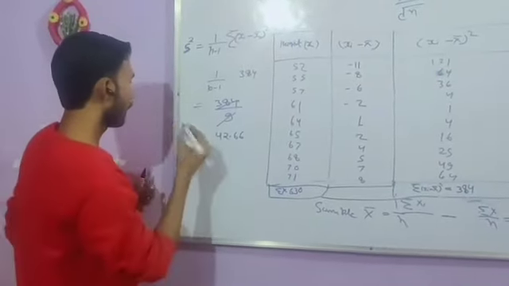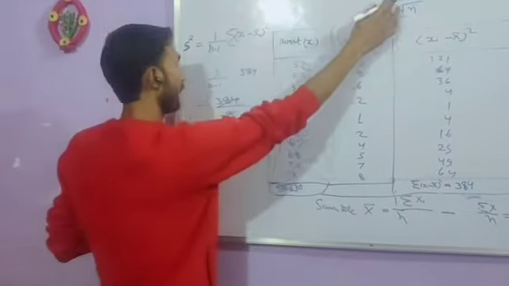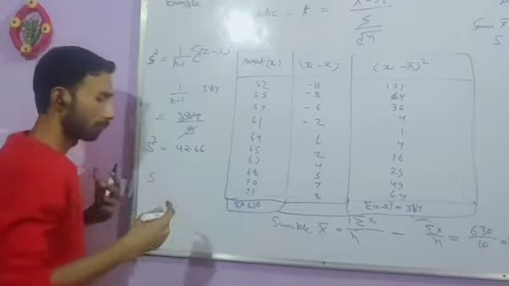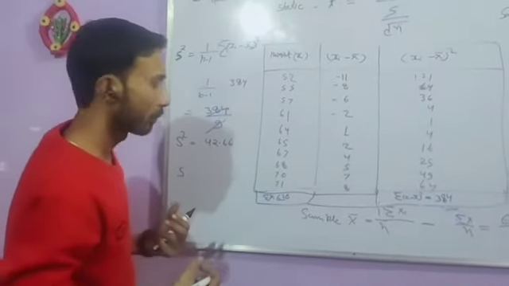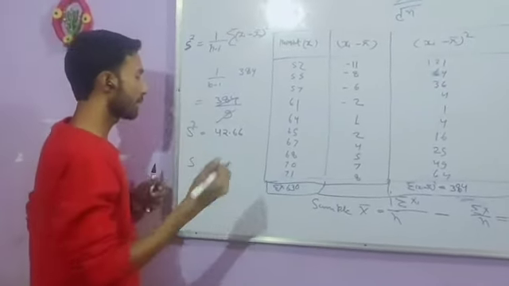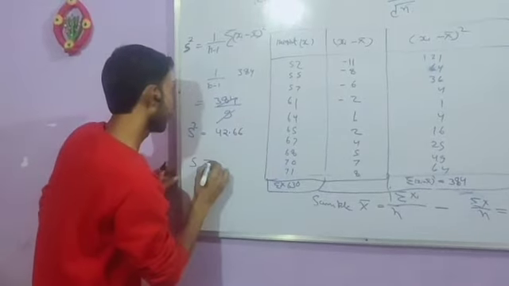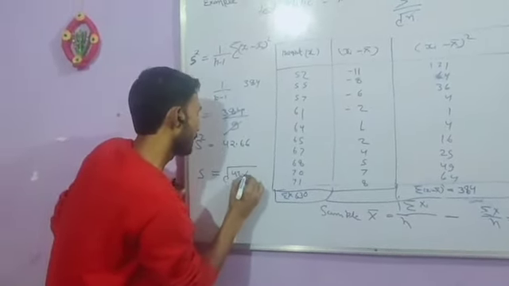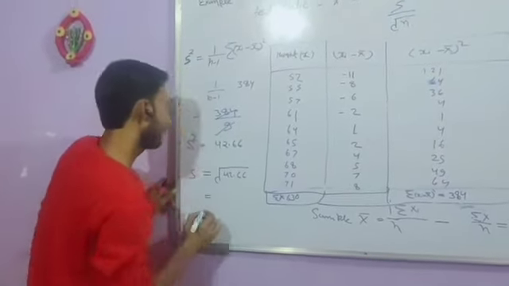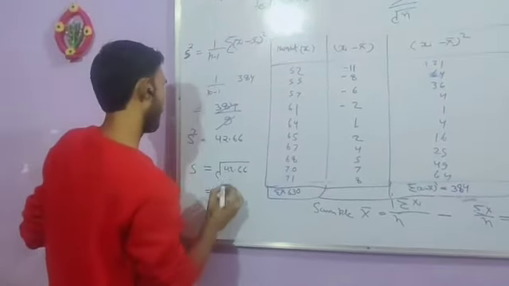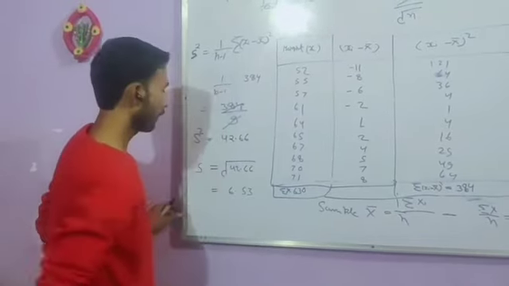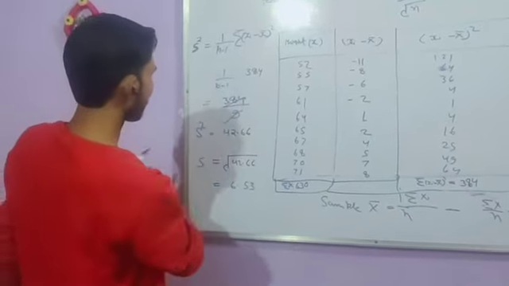Okay, now we find s. The square root of variance is known as standard deviation. So we take the square root of 42.6, and we find 6.53. Okay, so this is the s.